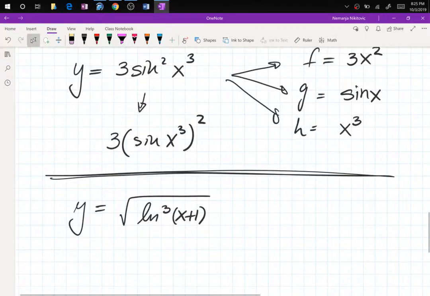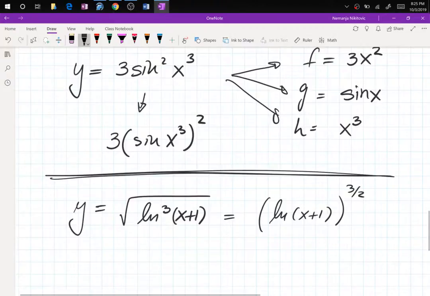Ready for the boss move? So this 3 on ln, the cube on ln, and the square root are actually the same order of the exponent. So this is just ln of x plus 1, everything to the 3/2 exponent. So f is the outer, x to 3/2.